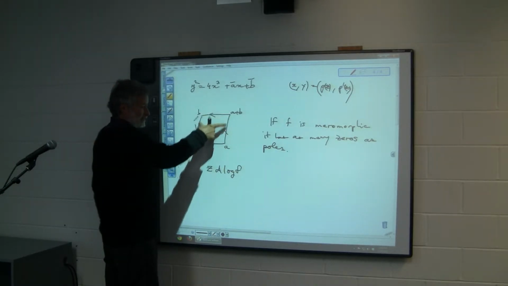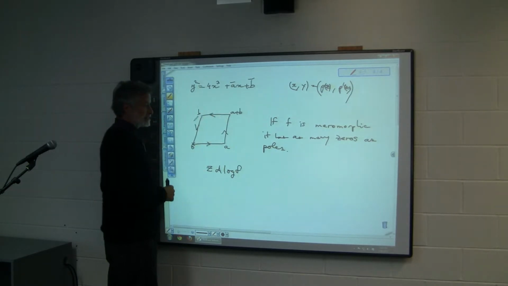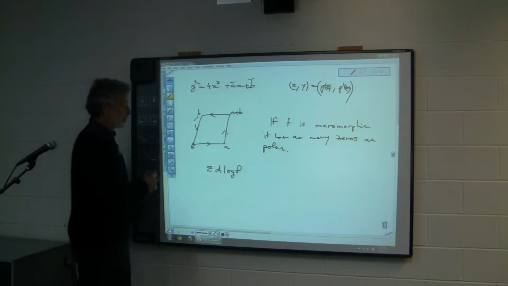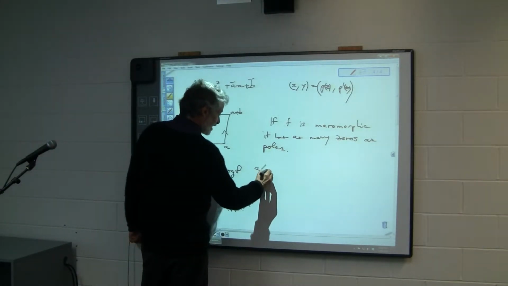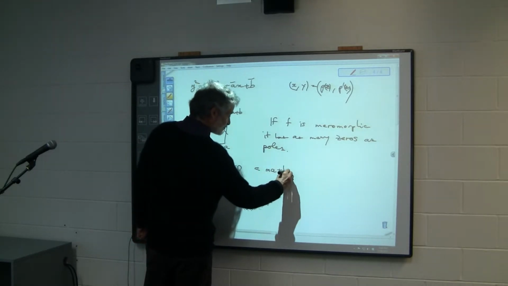And 1 over 2 pi i times these two integrals will give an integer times b. So if you integrate, you get some integer times a, so ma plus nb.